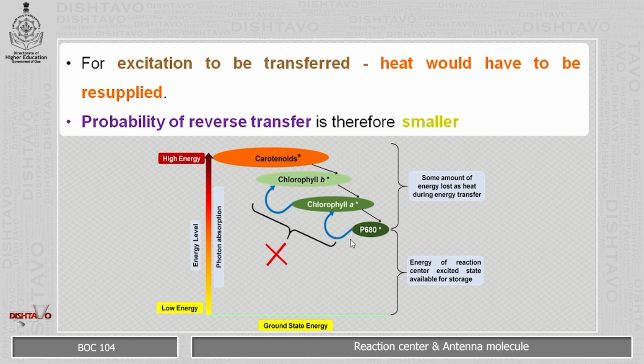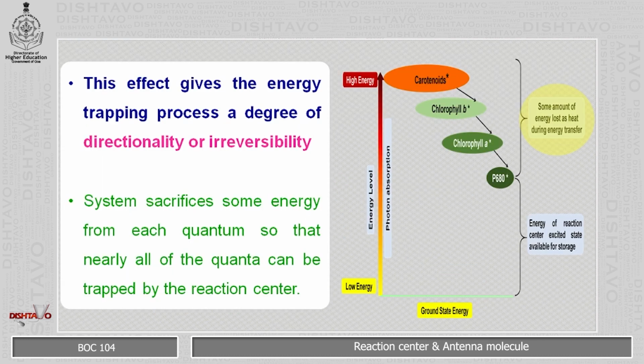So that reversibility is not occurring. This effect gives the energy trapping process a degree of directionality or irreversibility. So basically this will only flow in one direction.